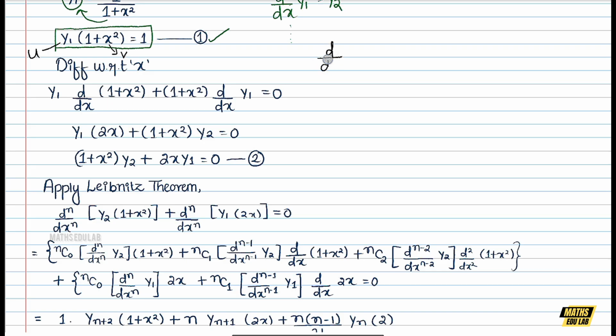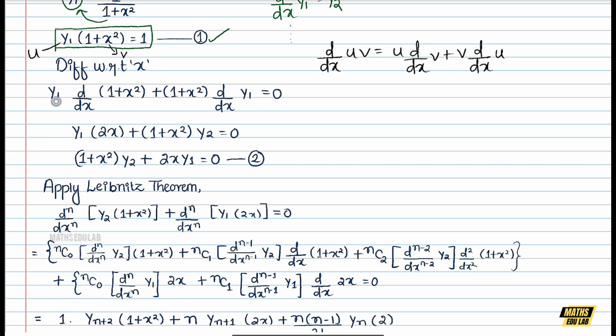The derivative of uv is equals to u derivative of v plus v derivative of u. So this is the formula which we have used here. By using that formula, I have written y1 derivative of 1 plus x square plus 1 plus x square derivative of y1 is equals to 0.